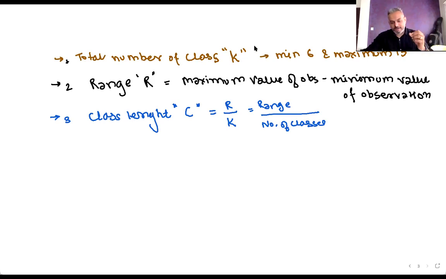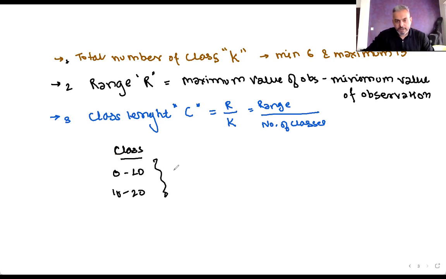Now, class length पे मैं थोड़ा expand करना चाहूँगा discussion अपना. So please pay attention. What exactly is class length? See, a class is given like this. Zero to 10, 10 to 20.